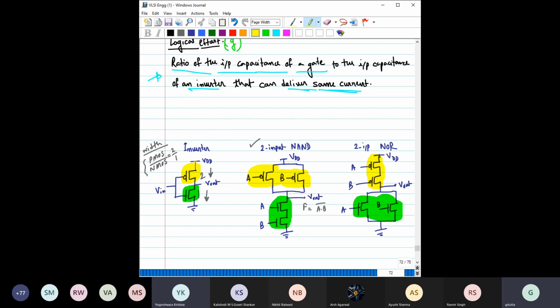Now if I want to ask you, tell me quickly: what will be the size of this NMOS for a 2 input NAND? The criterion is that we want the resistance to be the same for the pull down network.